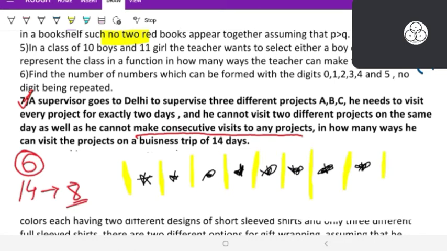He has to make a total of 2 into 3, 6 visits. So the number of days he did not need to make any visits out of his 14-day business trip is 8. So these are the possibilities where he can visit, as no 2 visits can be together or consecutive. The stars include these non-visiting days, 8 days.